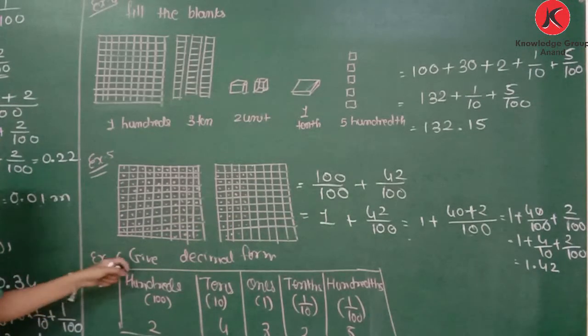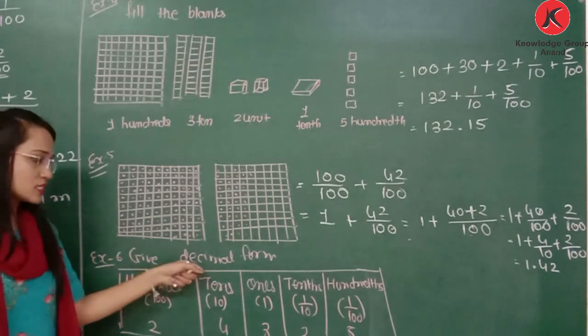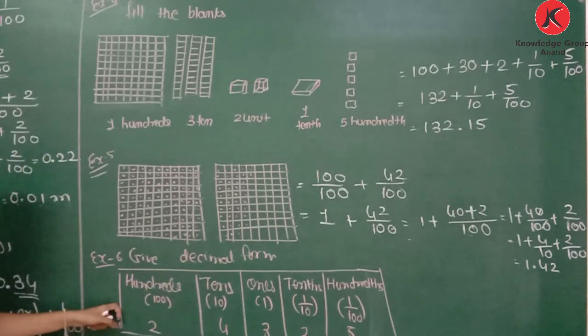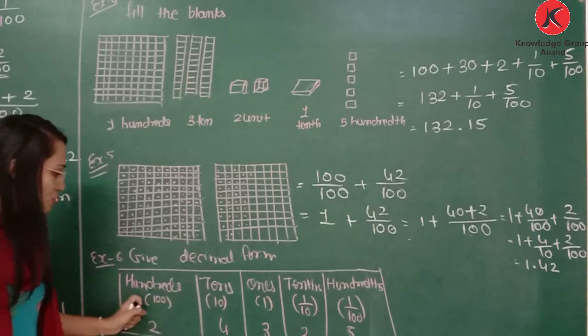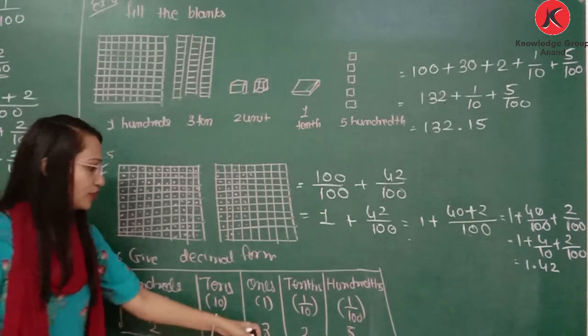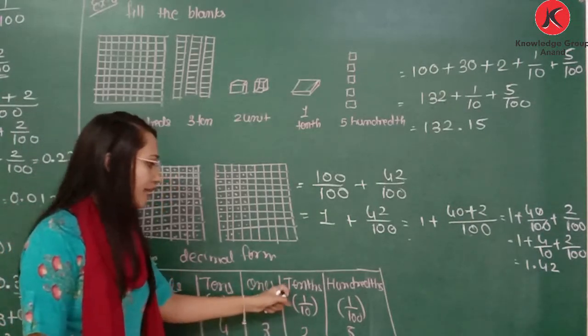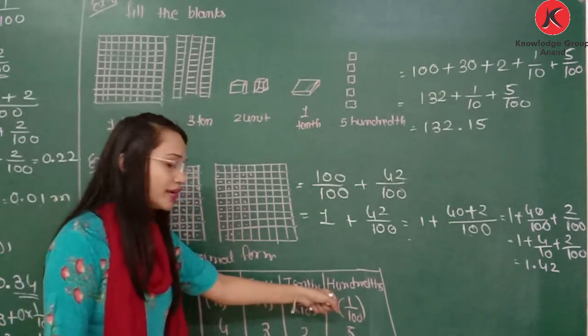Now next one, example 6. Give the decimal form. So a place value table is given and you need to write the decimal form. So here you can see 2 is at the 100th place, 4 at the 10th place, 3 at the 1st place, 2 at the 10th place and 5 at the 100th place.